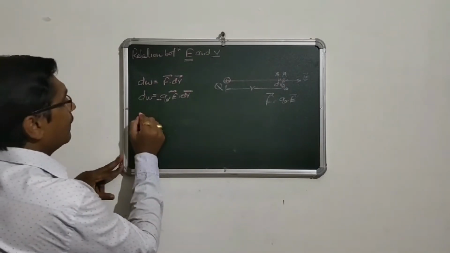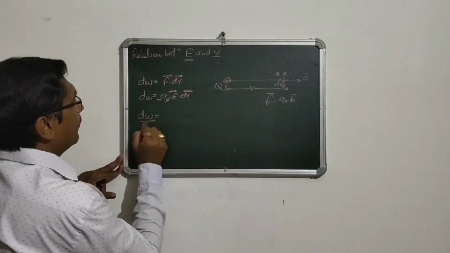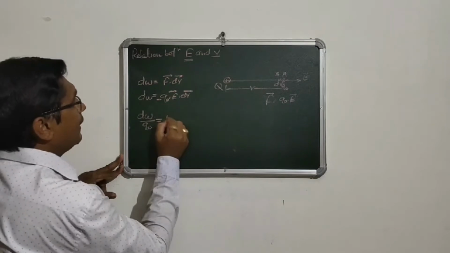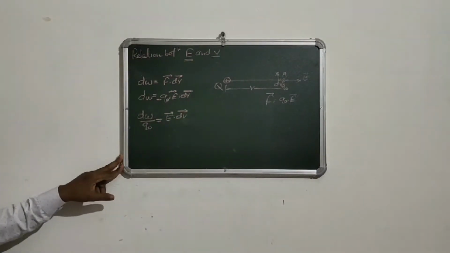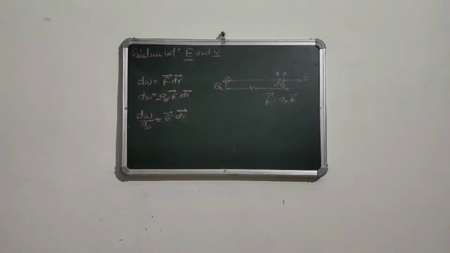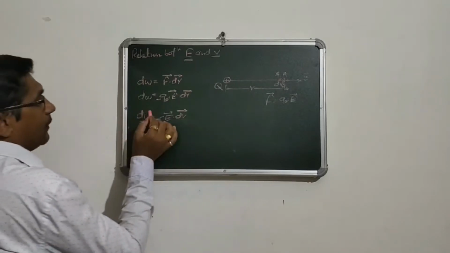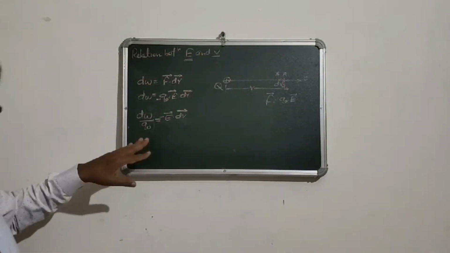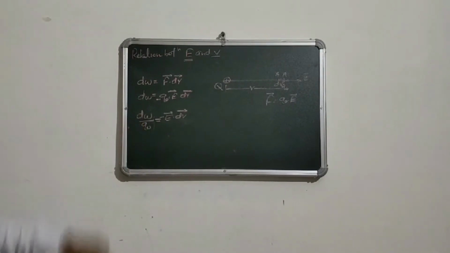So dW upon Q naught is equal to minus E dot dr. Now dW upon Q naught, in the previous topic I had discussed, is called potential difference.